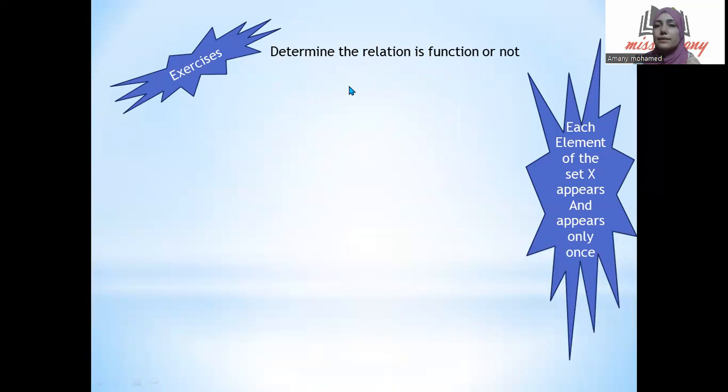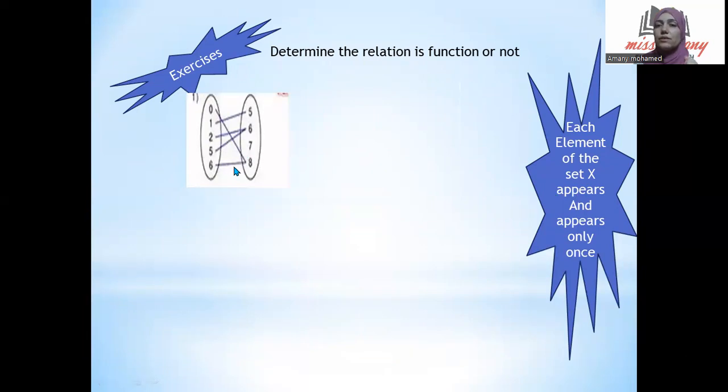Here is our exercise. Don't forget that each element of the set of X appears only once. Let's start. Who can tell me whether this relation is a function or not? Ahmed? Yes, very good.